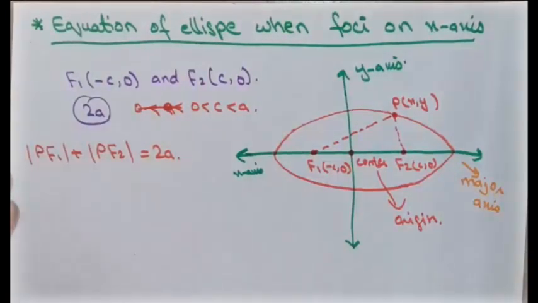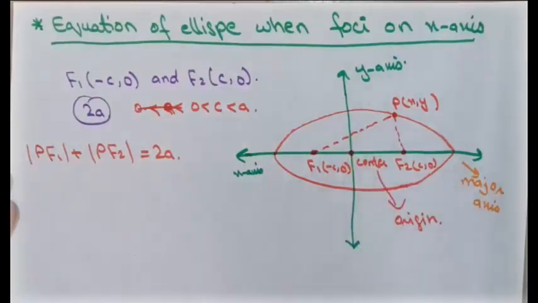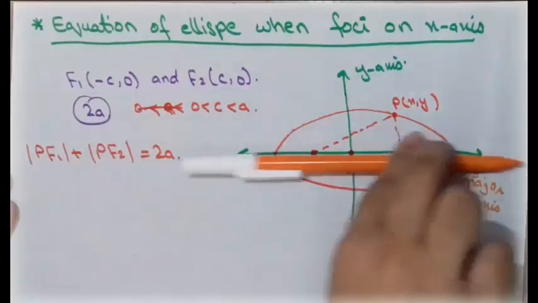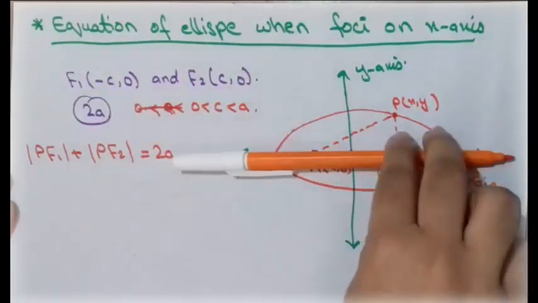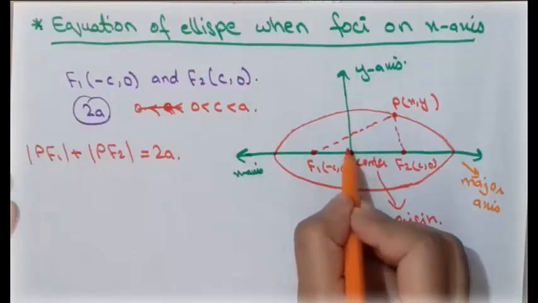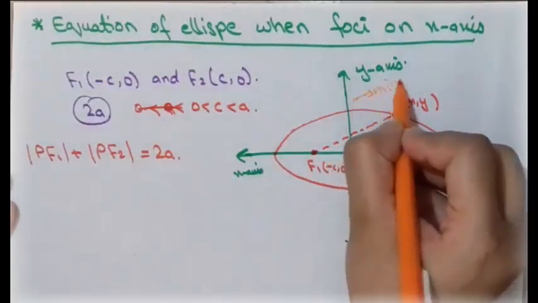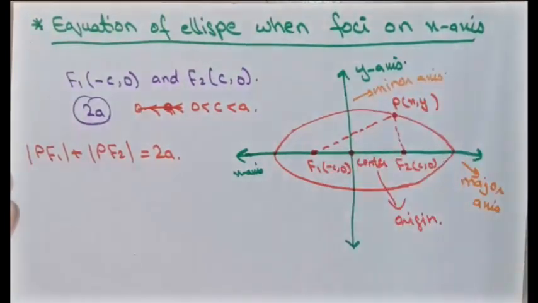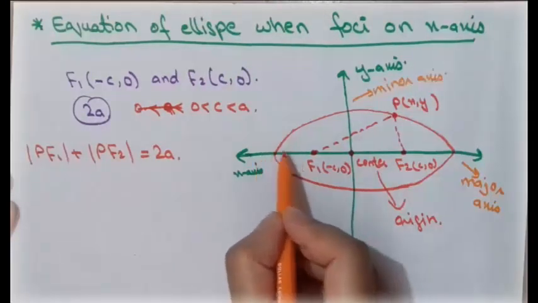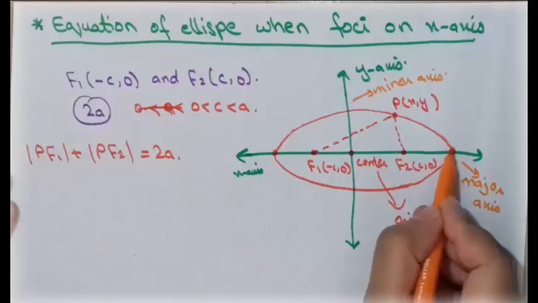And a line passing through the center and perpendicular to this major axis is called the minor axis, so here is the minor axis. And we already discussed that the points where the major axis and the ellipse cut are called the vertices. So here are two vertices.